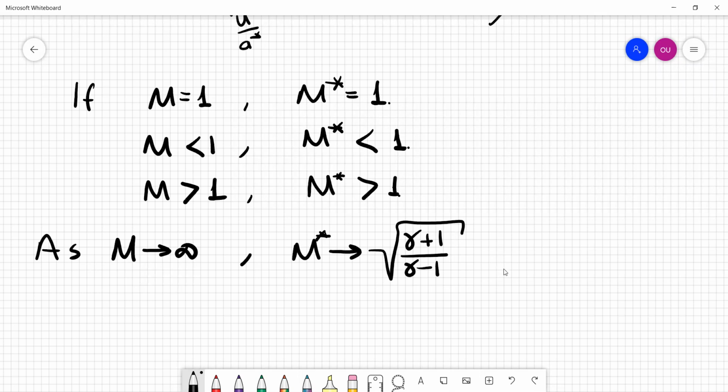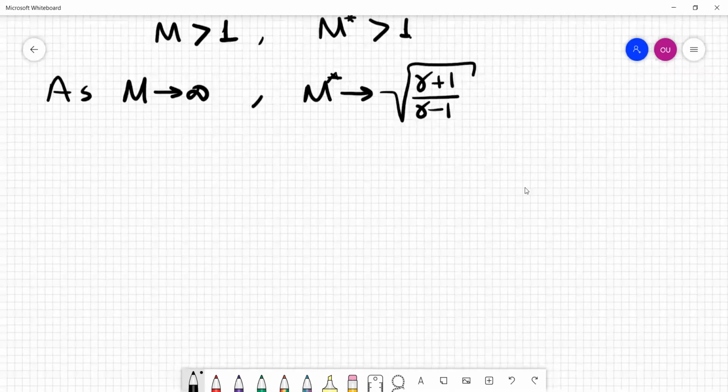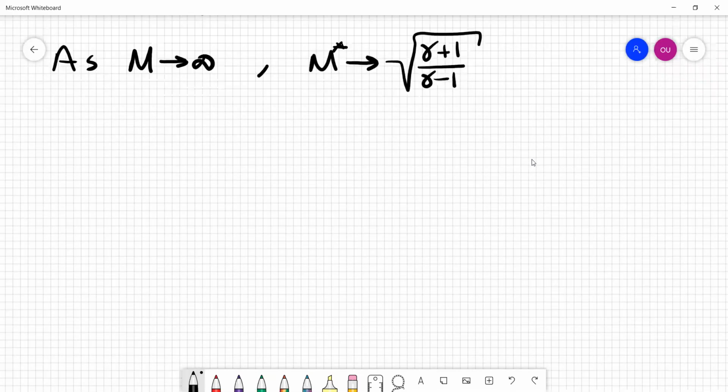So now we will make use of this background knowledge for our ultimate purpose, which is the calculation of normal shock properties.